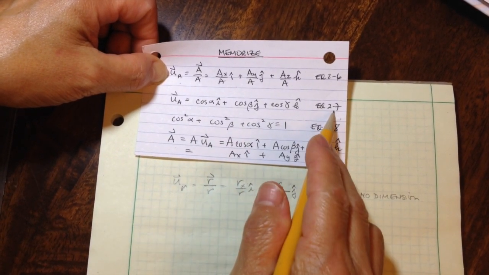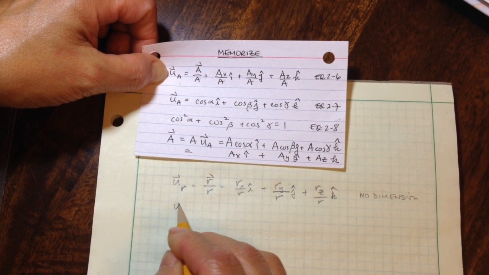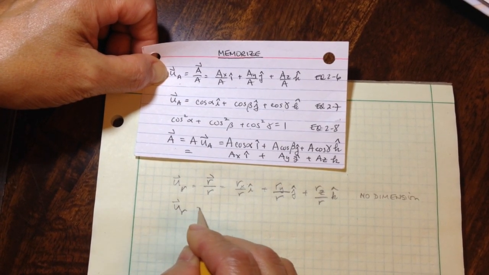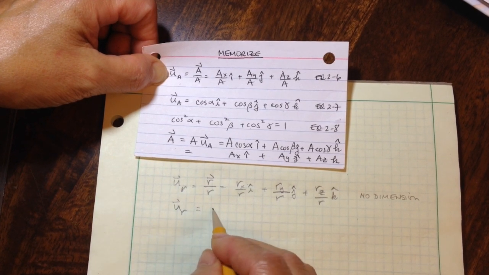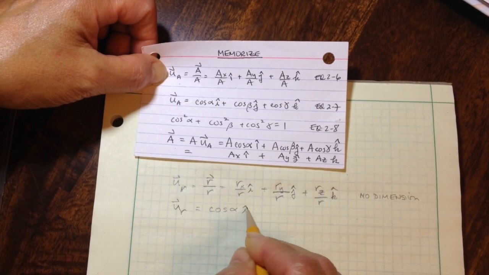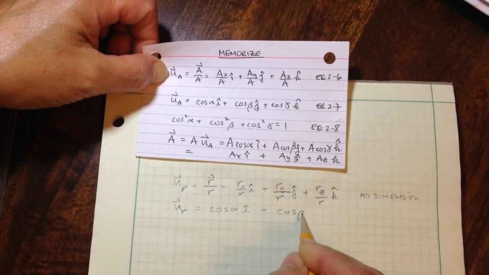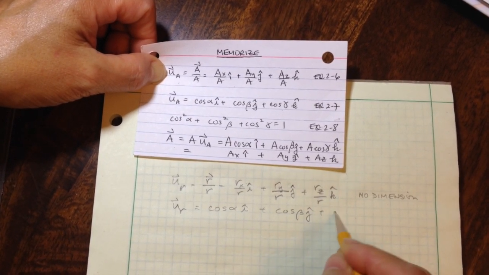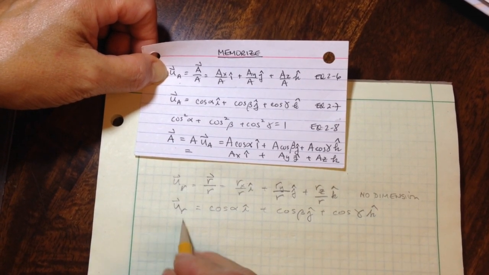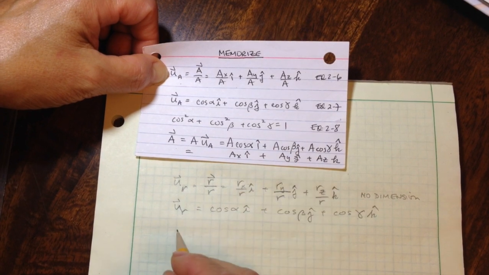We can also rewrite equation 2.7, where we have a unit vector along that position vector, and we can define it in terms of the direction cosines. And of course, this equation also applies.